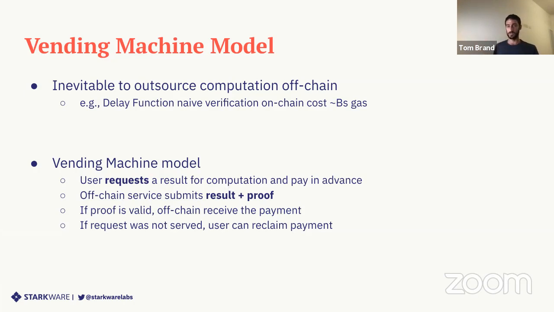Then some off-chain service sees this request and posts the result and the proof. If the proof is valid, meaning the result is indeed the correct result of the computation, the off-chain service can receive the payment which was locked. And if no valid proof was submitted, the user can, after some time lock, reclaim the payment.